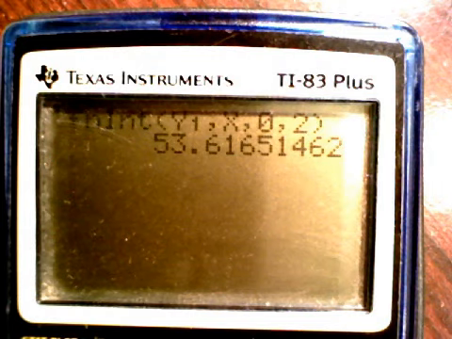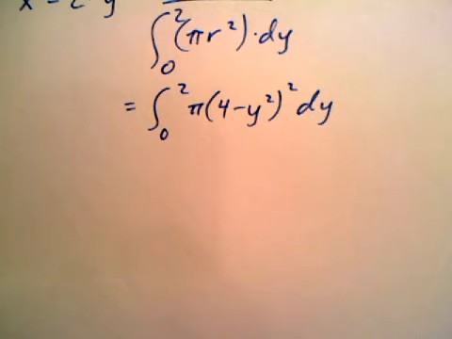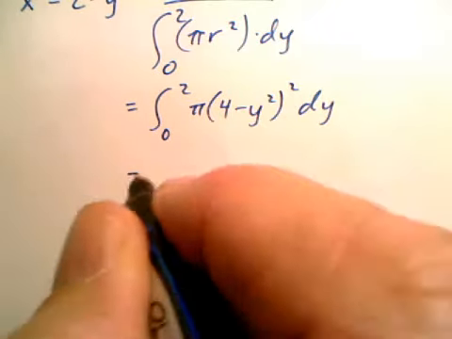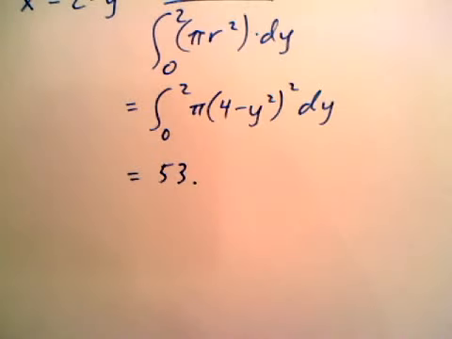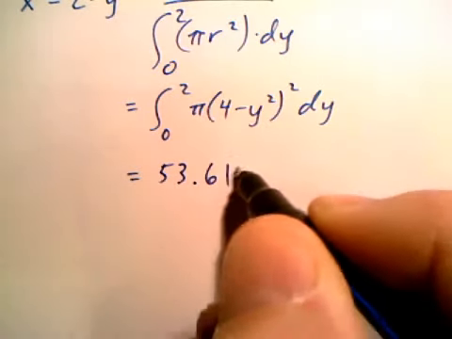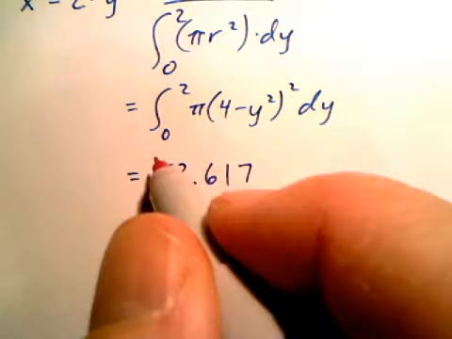It's kind of cool when you punch all that stuff into your calculator, you get the exact value. That is the right answer. So we get 53.617. And you look for units of measure, and we don't have that, so there you go, 53.617.